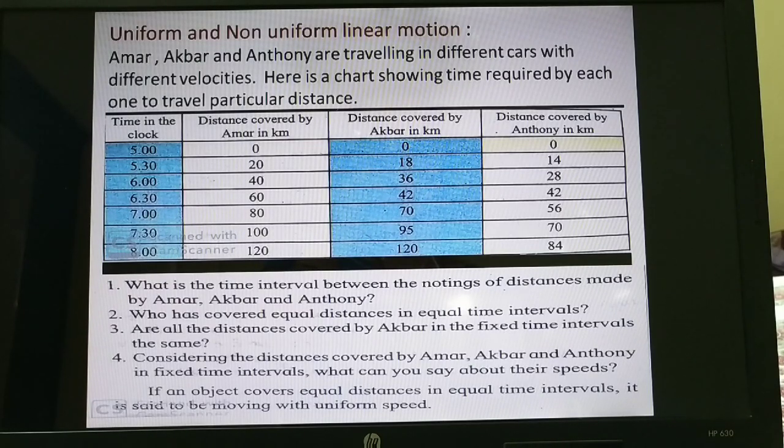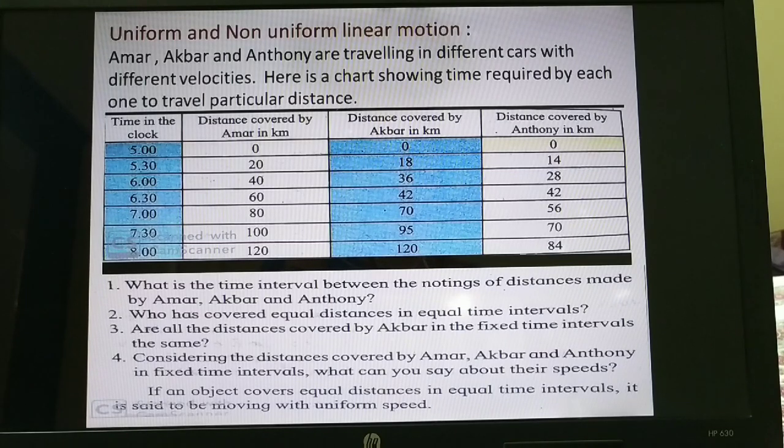So, uniform speed means an object traveling equal distance in equal time intervals. If you take the example of Amar, equal distance of 20 kilometers, he has been found at 20 kilometers after every half an hour.